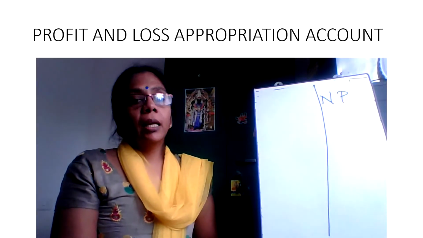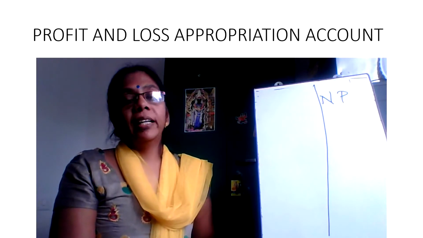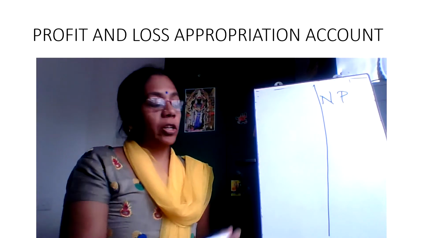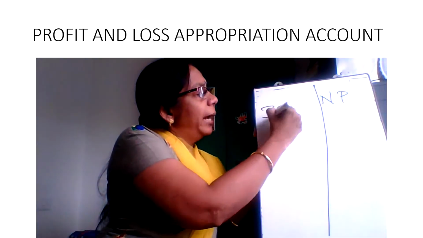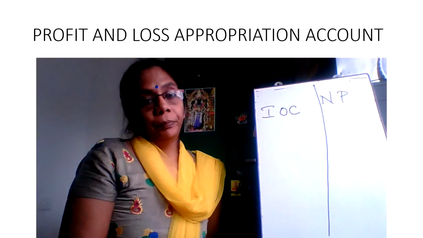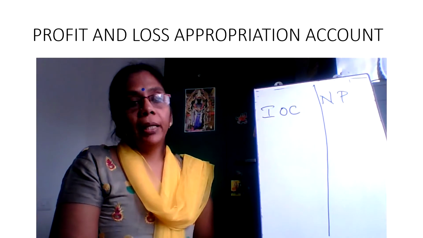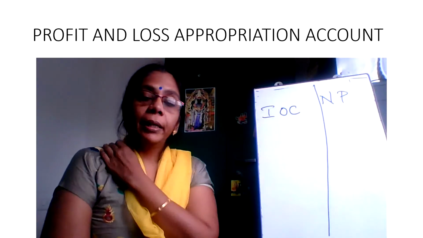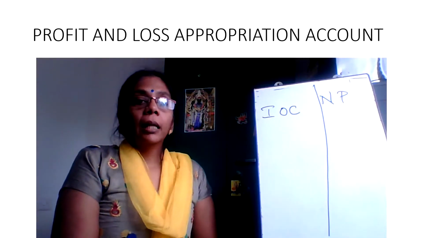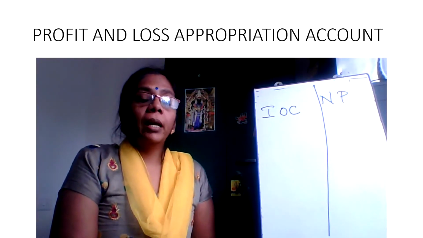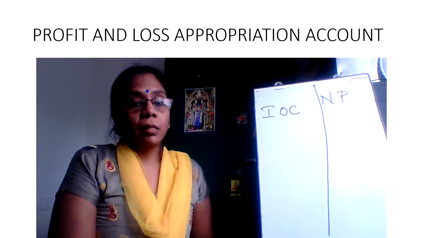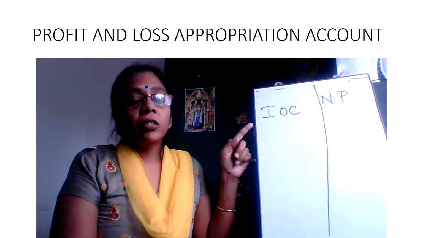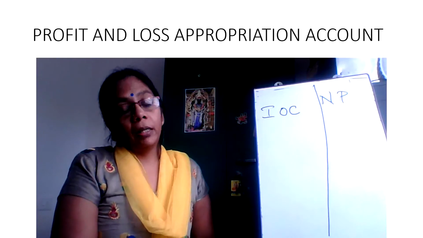Now let us see what are the entries that need to be debited into the appropriation account. Interest on capital. What is interest on capital? For having invested the capital, the partners are paid a certain interest by the firm. So here again, as I told you, the firm is paying this interest on capital to the partners.